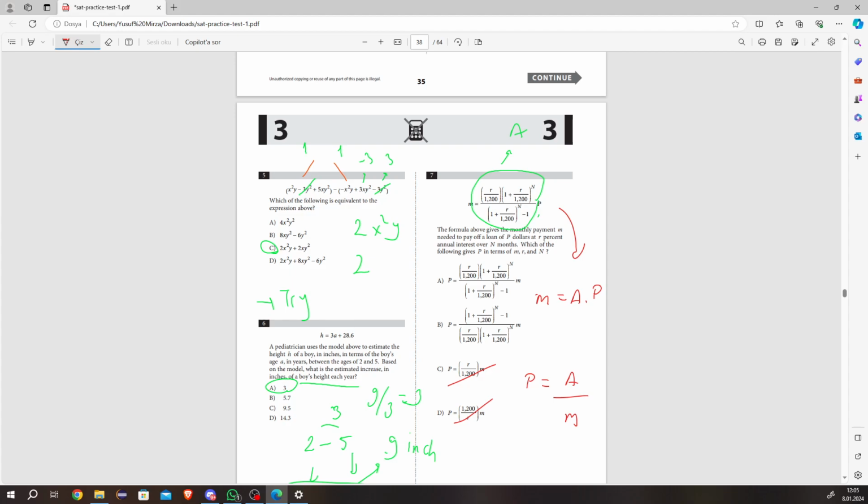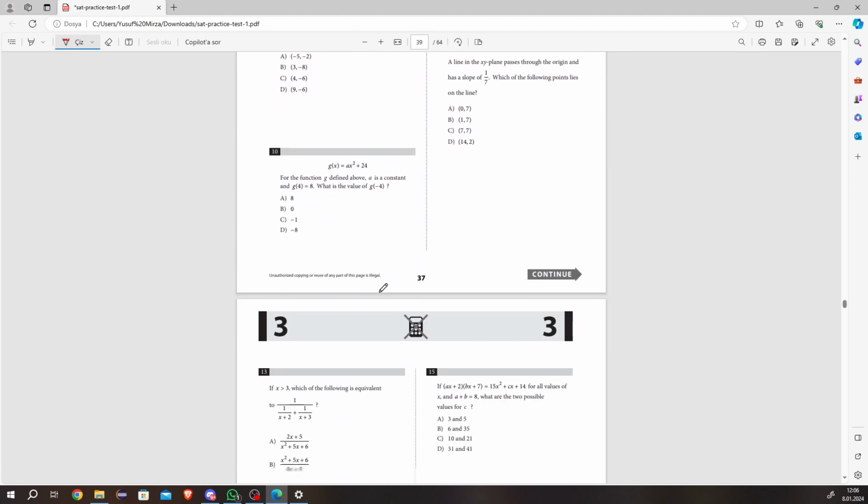Let's not change everything, we are just changing it. Okay, I'm sorry, my bad. I wrongly did the equation, it's my mistake. So M divided by A is the equation, the answer, and the A is it, and we should flip it upside down. So the correct answer is this.